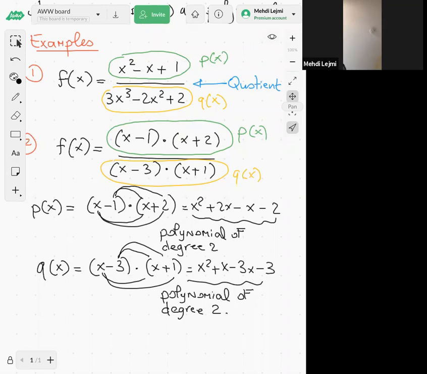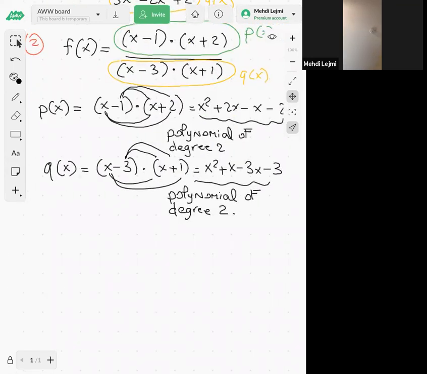Now, the next remark is about the domain of rational functions. We said a rational function is a quotient of polynomials.